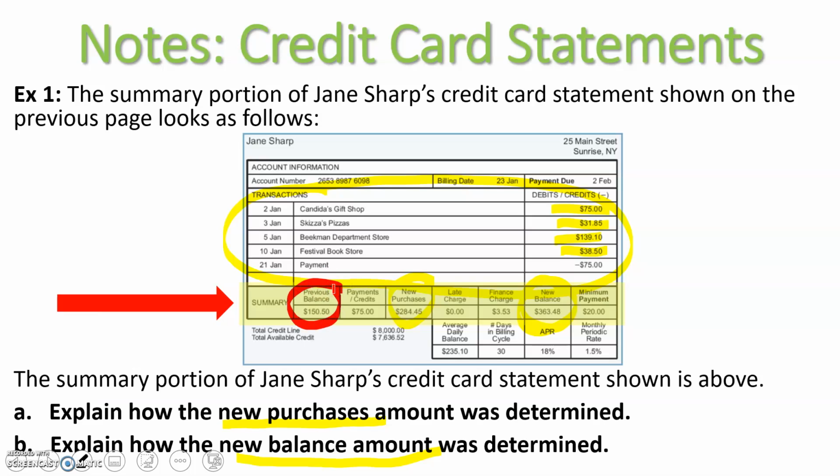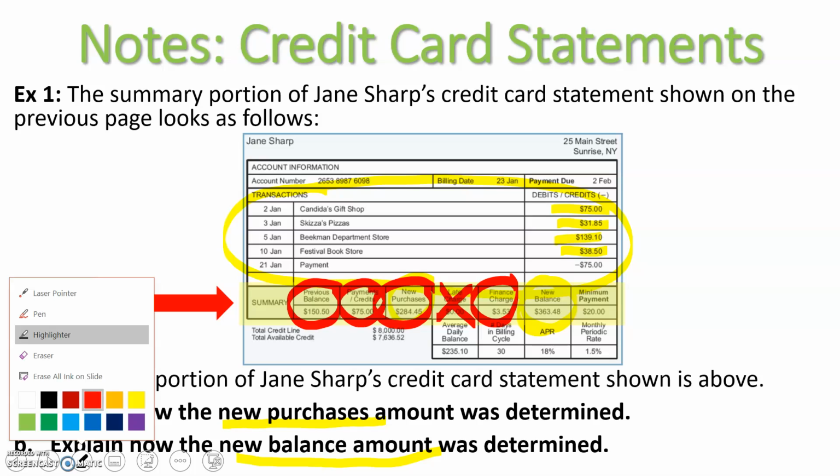And then she made payments, $75, bought some more stuff, new purchases at $284.45, had a late charge of nothing, no late charge, which is nice because she paid on time, and had a finance charge, or interest, of $3.53. So now the question is, what do we do with those?